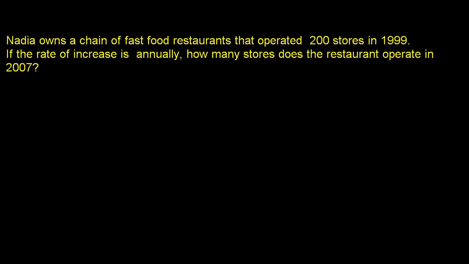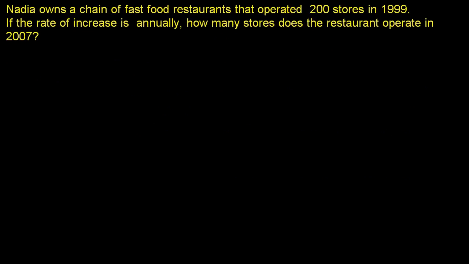So we have: Nadia owns a chain of fast food restaurants that operated 200 stores in 1999. If the rate of increase is, oh, actually, there's a typo here. It should be 8%. The rate of increase is 8% annually.